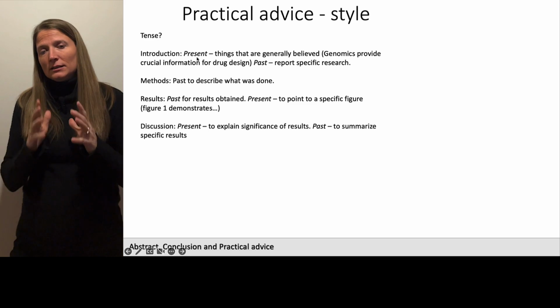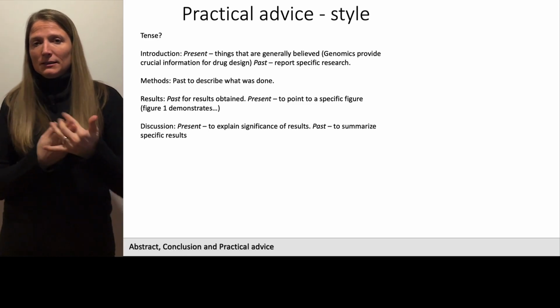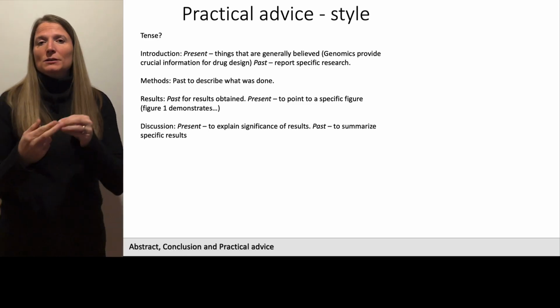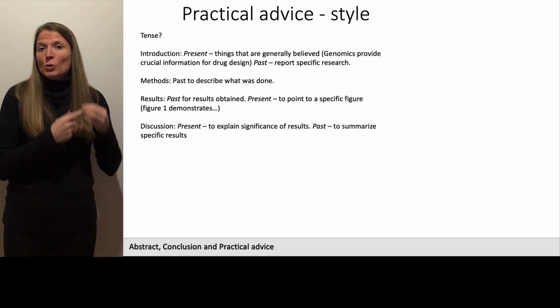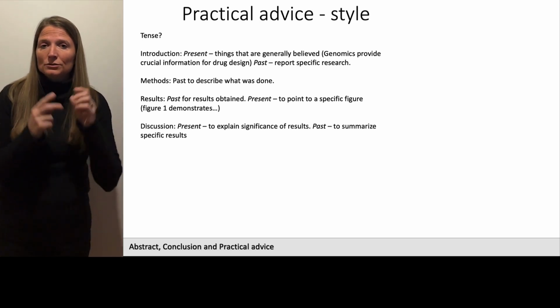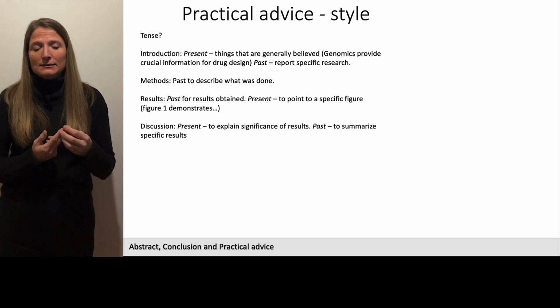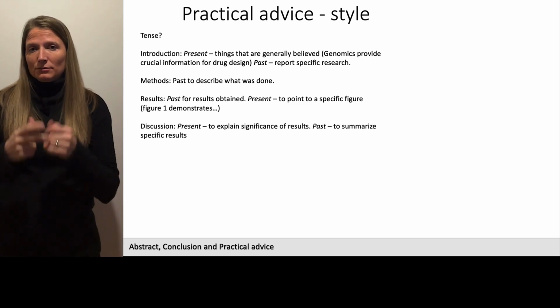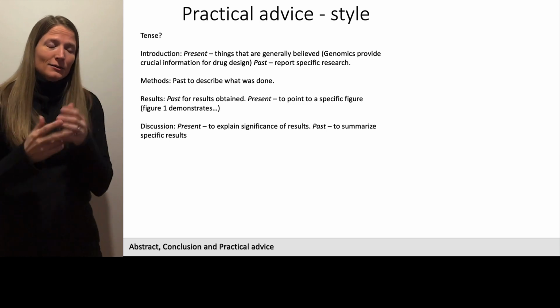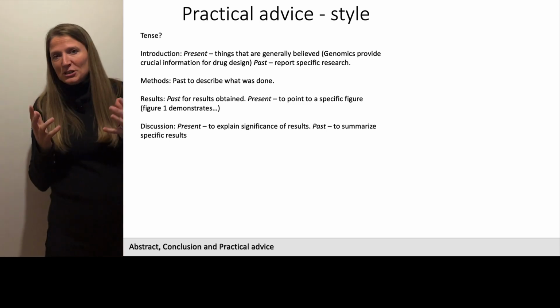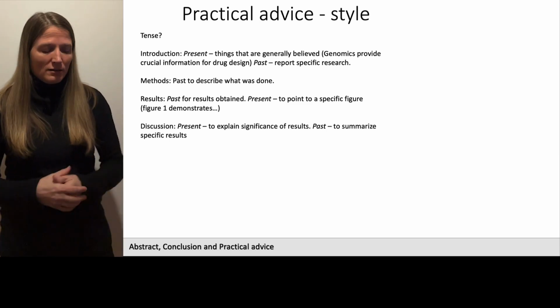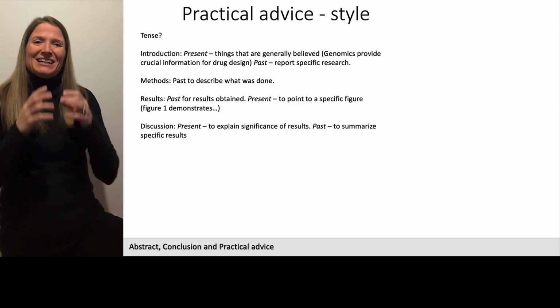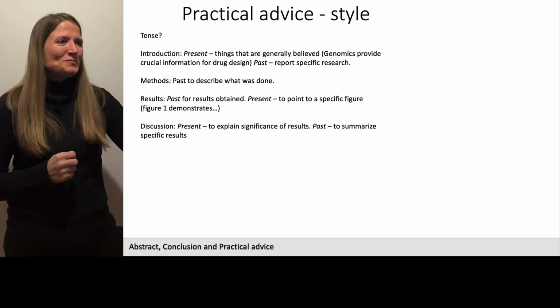You use two tenses, present tense and past tense. Past tense for stuff that people have done, but present tense you can also use for general statements like we all know that the world is round. Okay, I don't know, something very general that is accepted, you put in present tense.